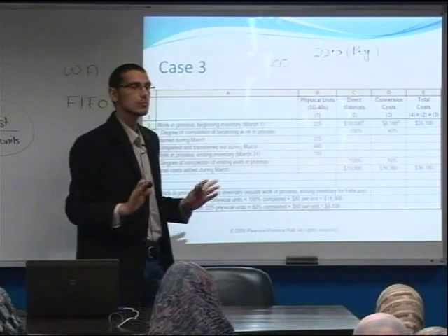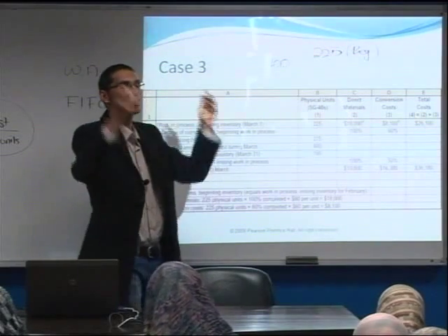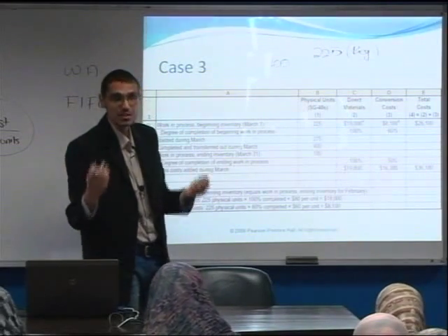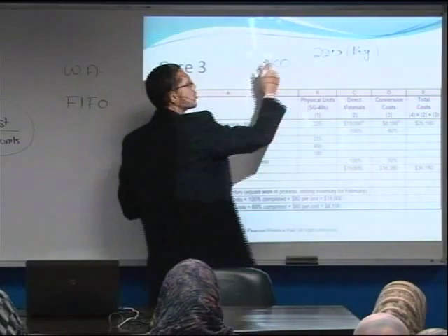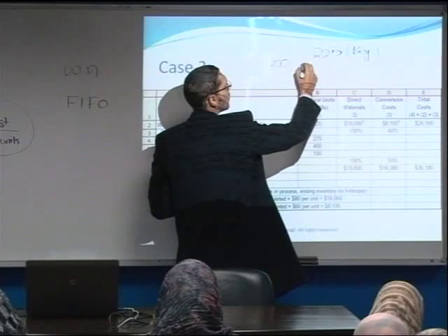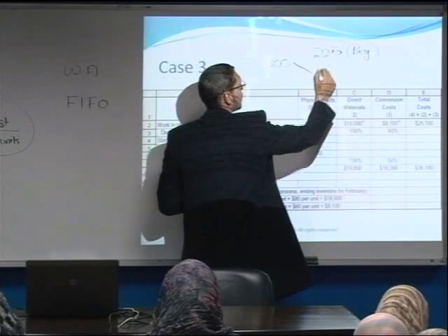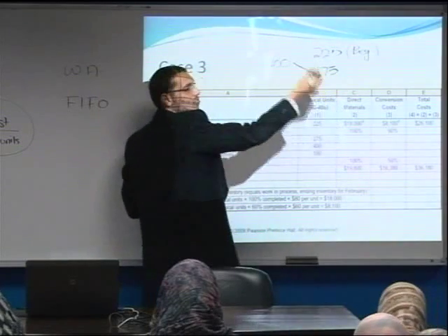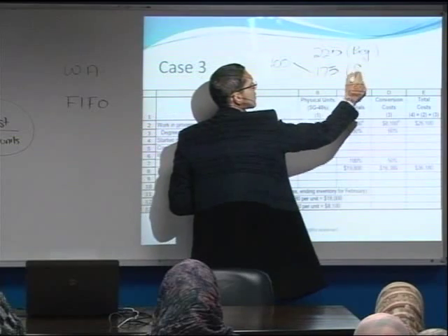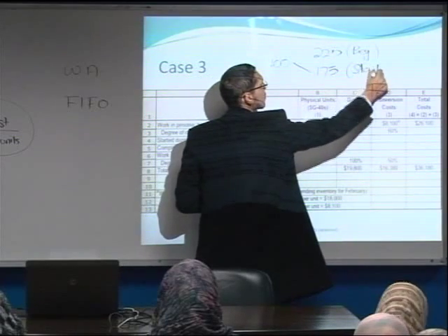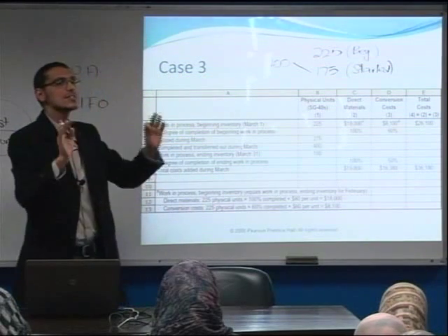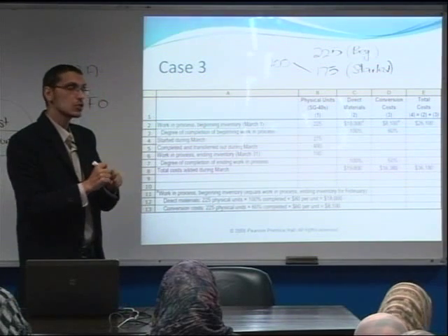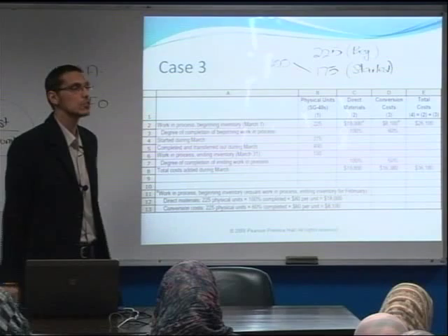This is the assumption. We start by finishing what we have started in previous years or previous periods. And then the completion, which is the 175, we are going to assume that the 175 were started within the current period, correct? This is the assumption that is considered by the first in, first out.